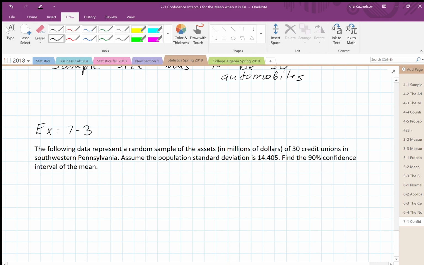The following data represents a random sample of assets of 30 credit unions in southwestern Pennsylvania. Assume the population standard deviation is 14.405. Find the 90% confidence interval. So all they gave us is a sample size, a sigma, and the fact that it has to be a 90% confidence. Now in the book is the list. So what I'm going to do is end this video and start this on a calculator.